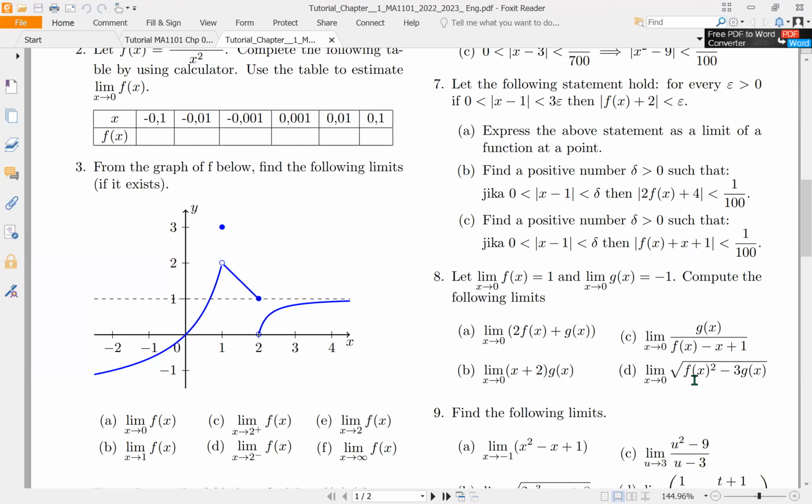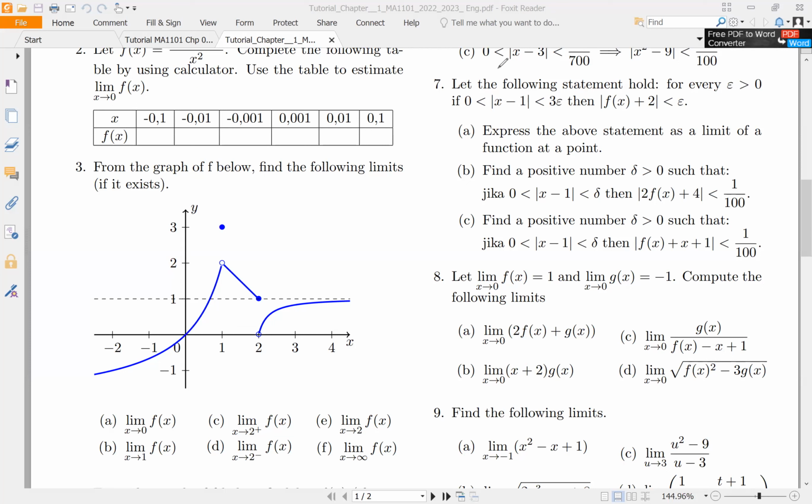Okay, so let us go back to the tutorial problem here. If you are given the graph of the function like this, and the question is to find the limit as x tends to 0 of f(x), then you have to take a look at the value of f around x equals 0.